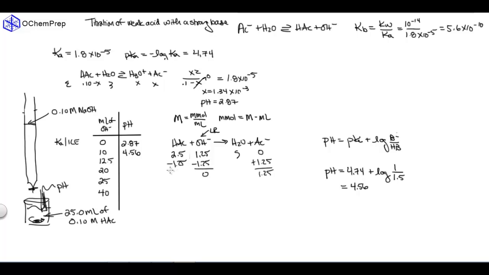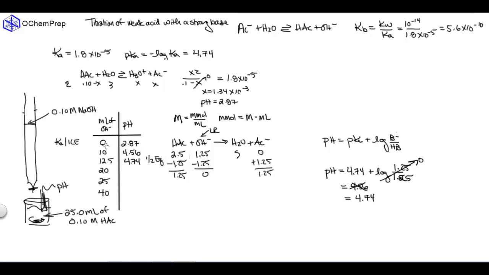When you're actually doing a titration, you don't know where it is because you don't know where the equivalence point is. So when we're done with this, it will be log of 1.25 over 1.25. So log of 1 is 0, and at this point, our value is 4.74. So right here, 4.74, that's what's called the half equivalence point.